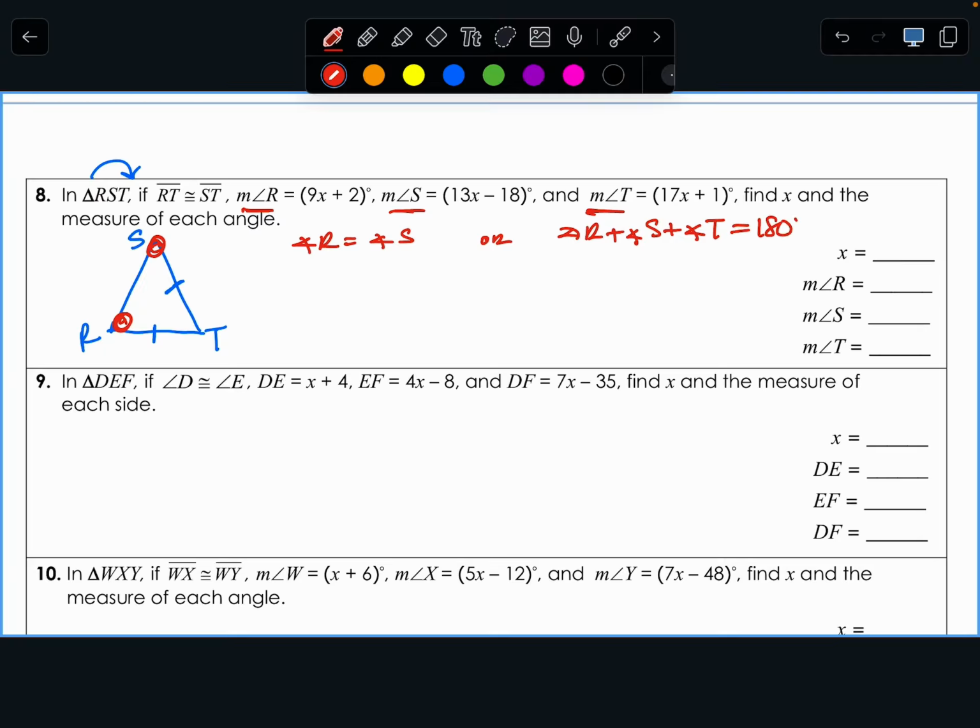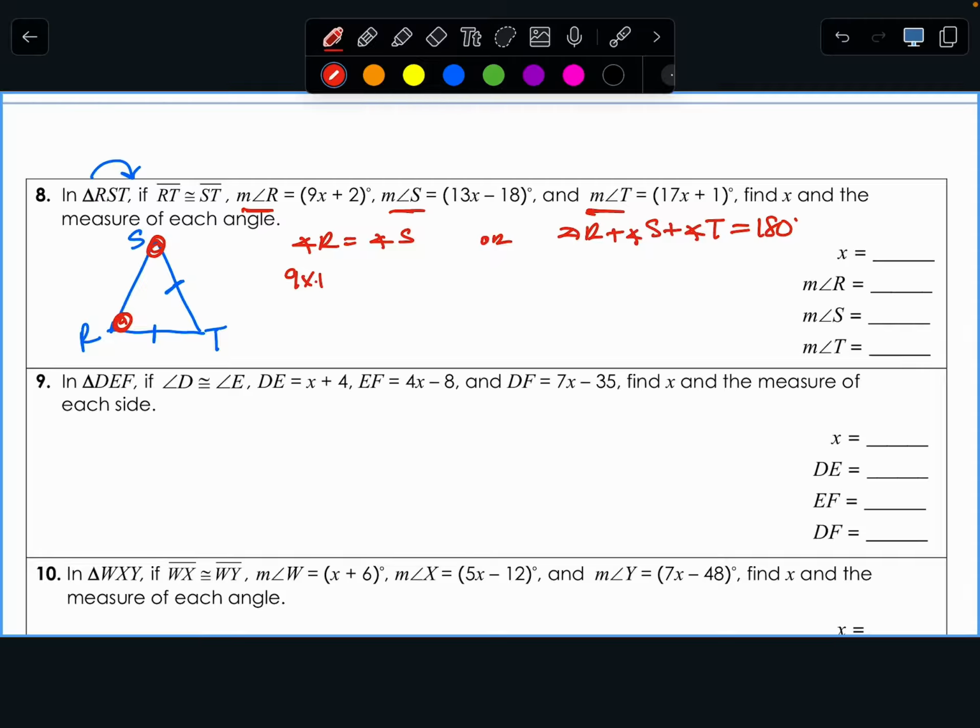I can do either one. Either one will give me x, and then I can substitute it back in. Which one seems easier? The R equals S? It's probably the same thing, but you can use either property.